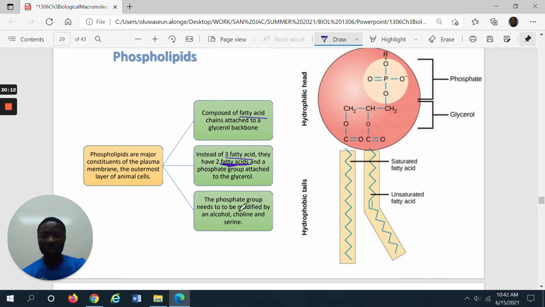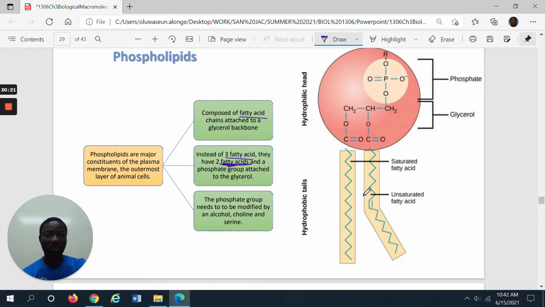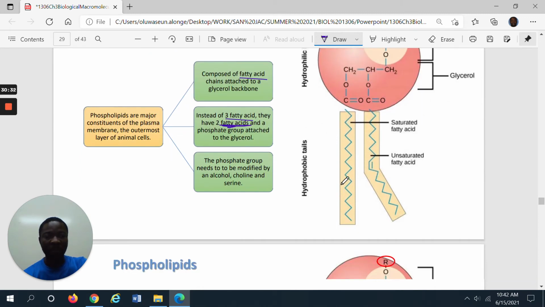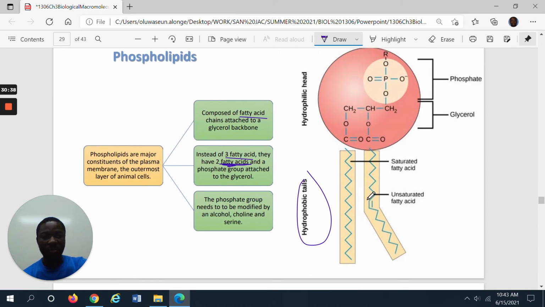And the phosphate group needs to be modified by an alcohol, choline or serine. So this is what you have. You have the phosphate head, then the 2 fatty acids here. Now, this part is hydrophilic, meaning that this part is friendly with water. It can mix with water, but this part is hydrophobic. So we call it the hydrophilic head and hydrophobic tails.